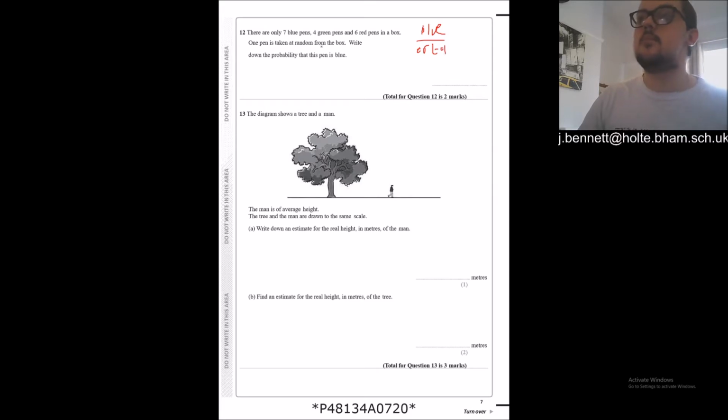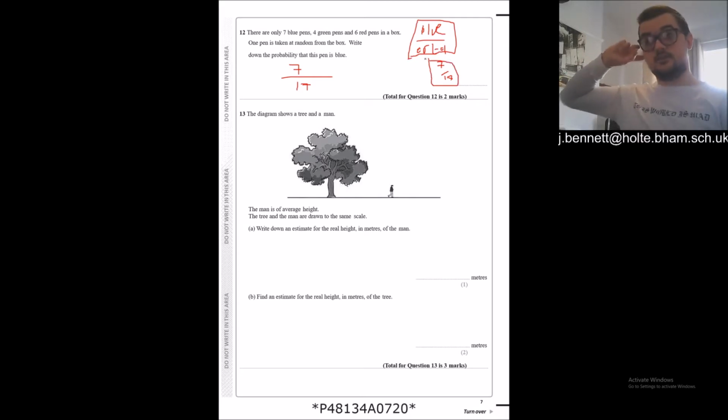So what is the probability that there are blue? There are 7 blues over how many is there total? 7 plus 4 plus 6. 7 plus 4 is 11, 11 plus 6 is 17. So our answer is 7 over 17. And I think you should get a mark for this, and you should get a mark for this.